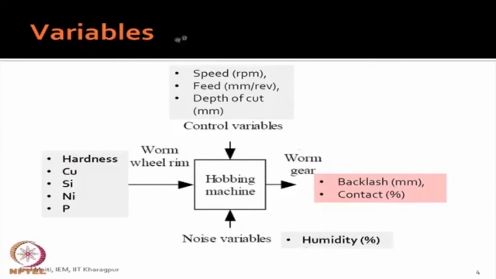Here our sole interest is to use multiple linear regression, to show that multiple linear regression is applicable and will give us some benefit in analyzing the relationship between the worm gear quality variables like backlash and contact percentage, with the controllable process variables like speed, feed, depth of cut, noise variables like humidity, and the worm wheel rim quality variables, where the worm wheel is the input to this machine.